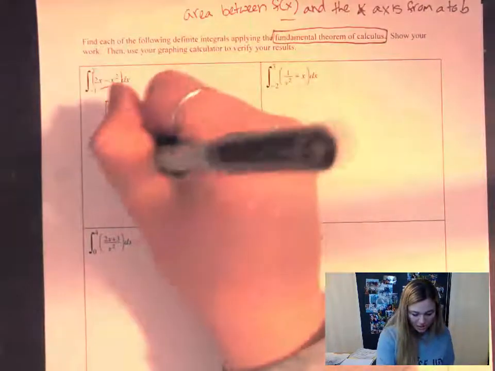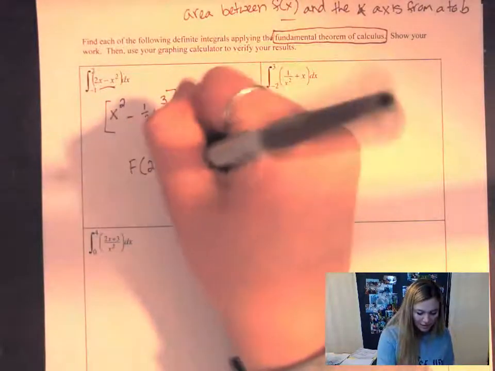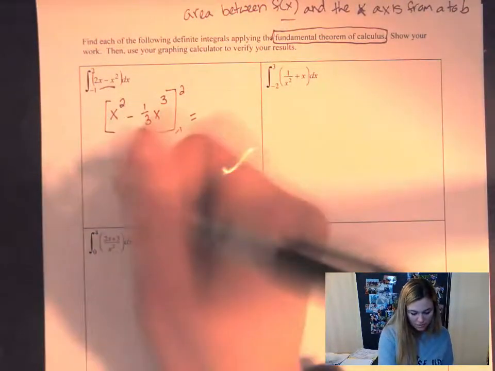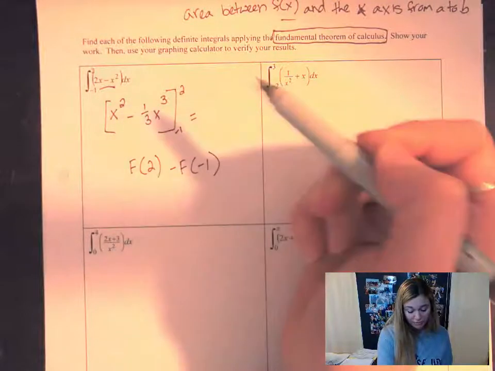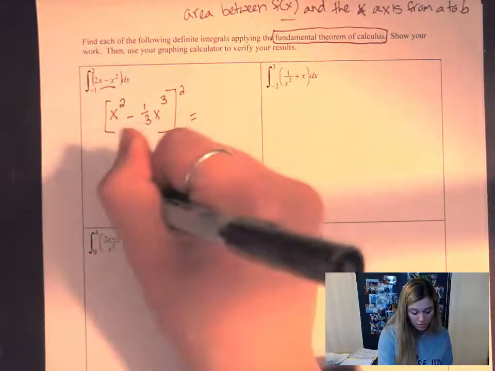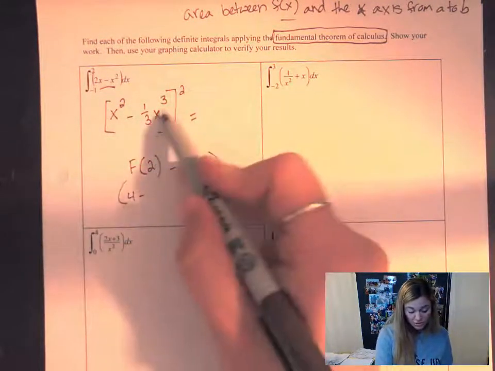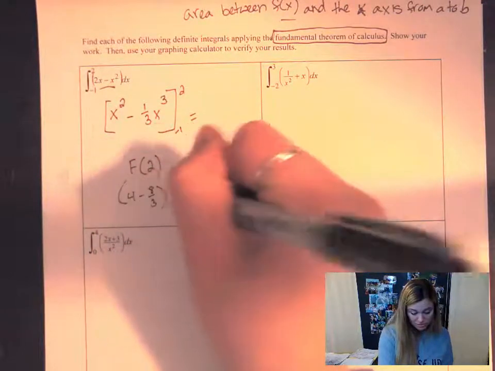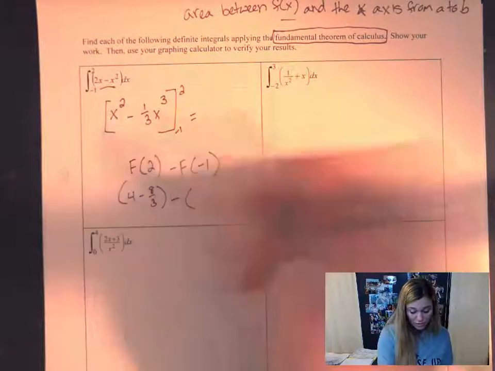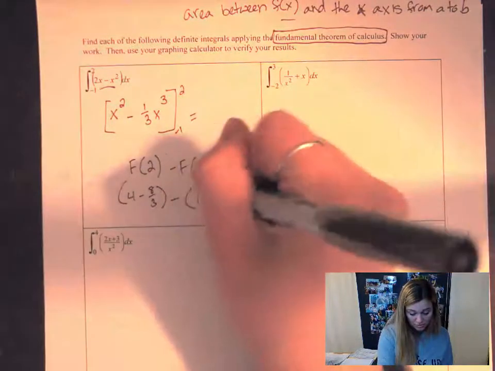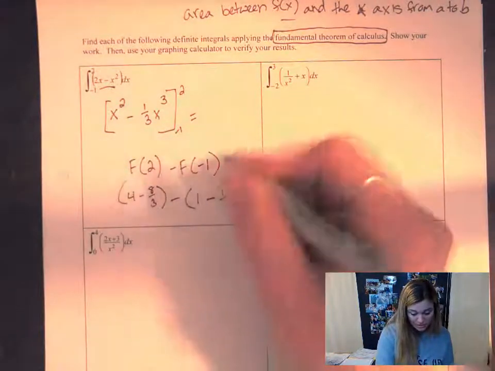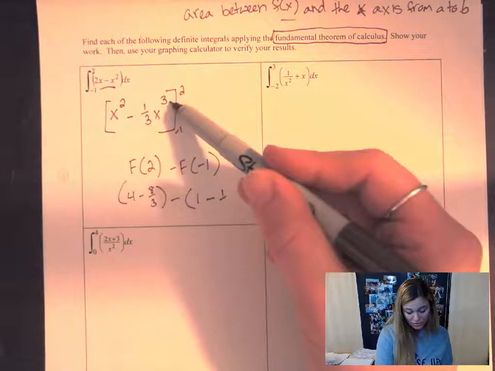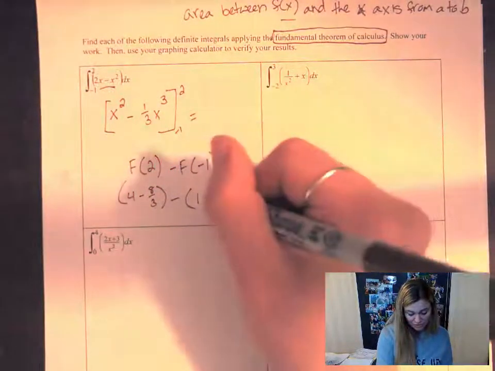Make sure that you're doing F of 2 minus F of -1. 2 squared would be 4, minus 2 to the third would be 8/3. -1 squared would be 1, minus, this would be -1/3, and then this is -1 to the third, so there would be a negative, so this would be +1/3.